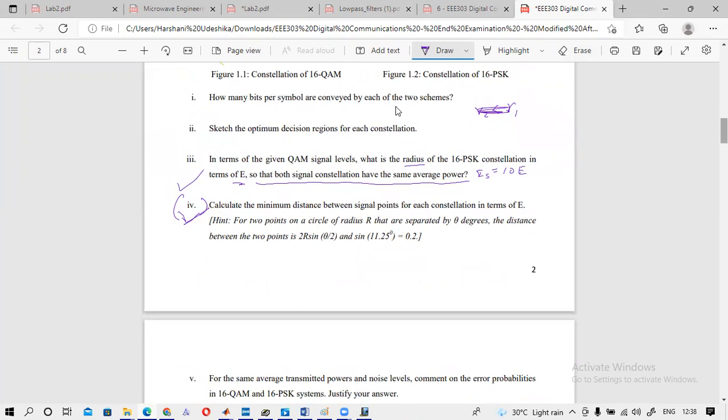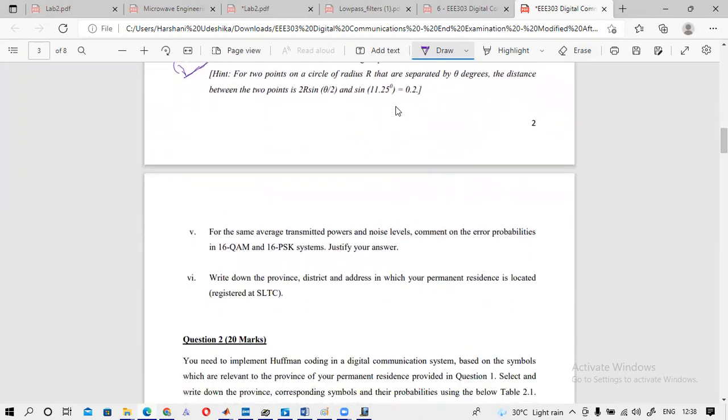For the same average transmitted power and noise level, comment on the error probabilities in 16 QAM and 16 PSK. So what can you tell about this? The transmitted power and the noise level are the same. That means the signal power is the same, the noise power is the same, and so the SNR is the same.